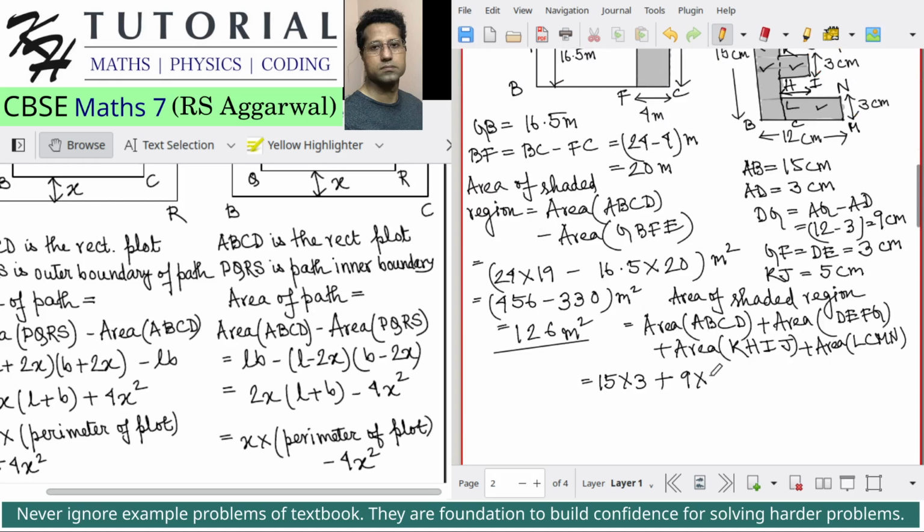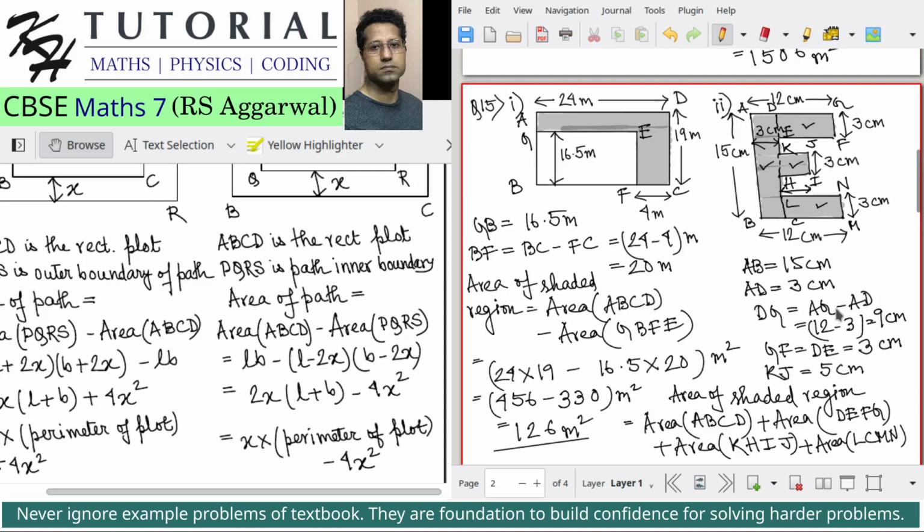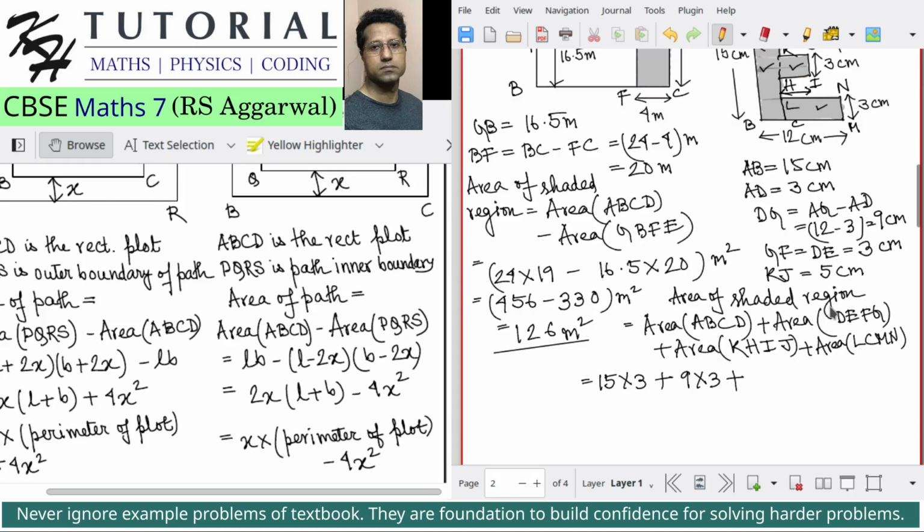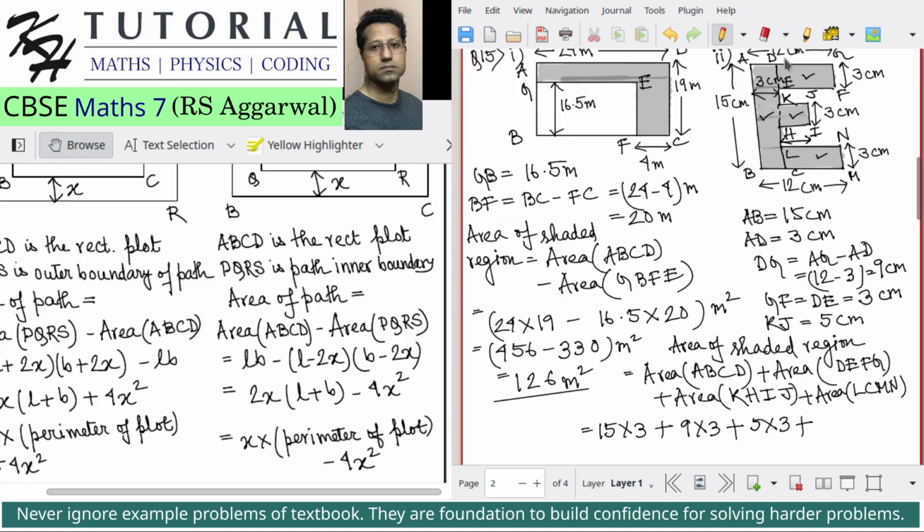So 9 multiplied by 3 plus, what is the area of rectangle KHIJ? It is 5 multiplied by 3, and the area of the rectangle LCMN is identical to the area of the rectangle DEFG, so it will be 9 multiplied by 3.